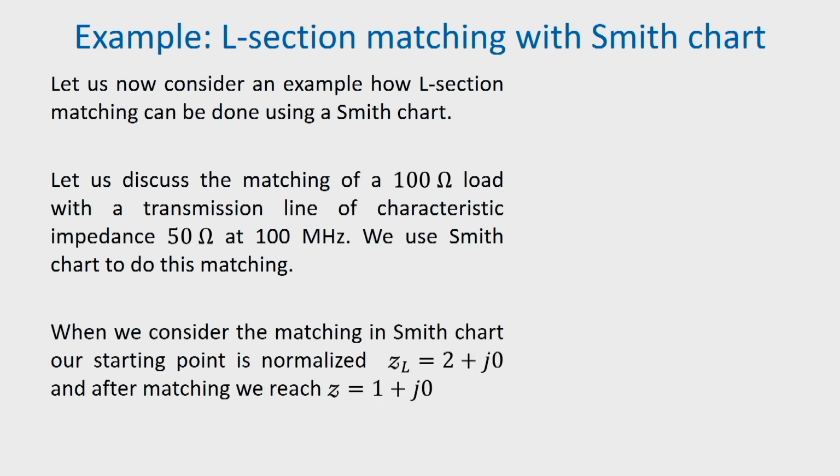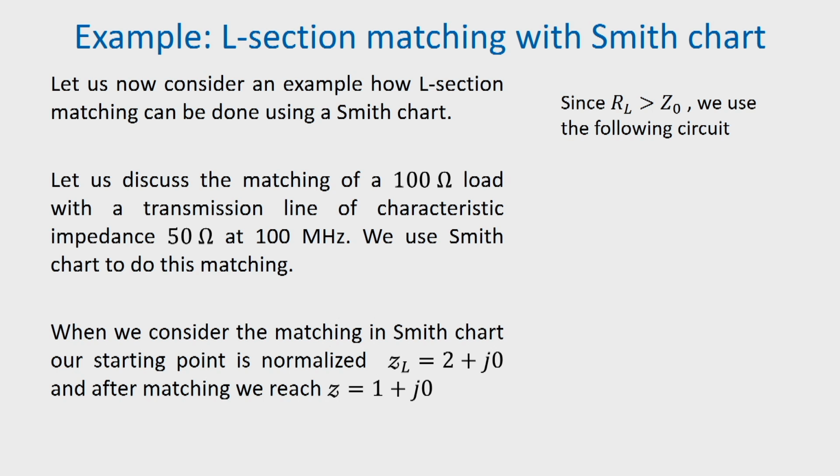So, when we consider matching in Smith chart, our starting point is the normalized impedance ZL, which in this case is 2 plus j0, and after matching we reach the point Z is equal to 1 plus j0.